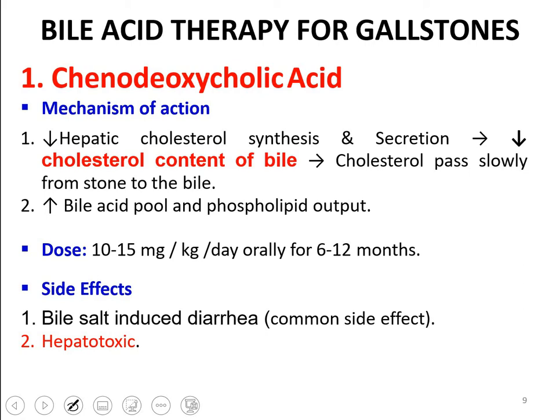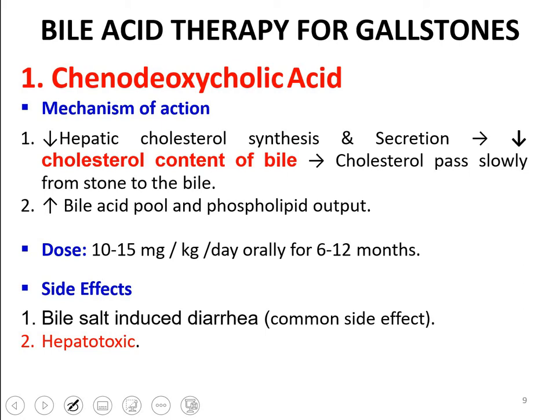There is chenodeoxycholic acid, which decreases the hepatic cholesterol synthesis and secretion. So the cholesterol content of the bile is decreased, and cholesterol passes slowly from the stone to the bile.